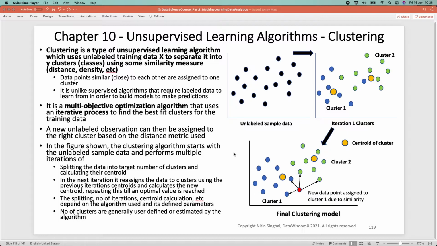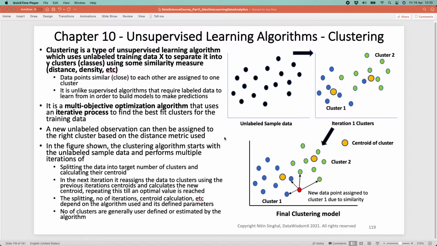And for that, again, it uses a similarity measure like distance or density. We've explained distance-based similarity measures quite well in the classification lecture, so please refer to that to understand it better. And here you have other concepts like density, so you know how concentrated the data is around certain clusters.